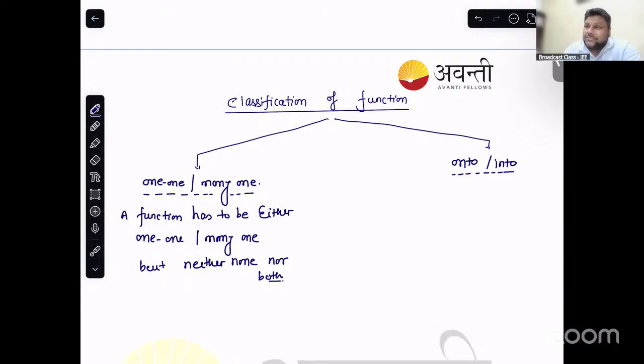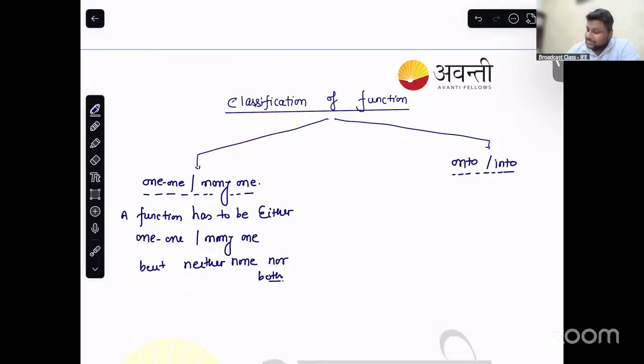Also, there are matrices which can be symmetric as well as skew-symmetric both, like the null matrix. But in case of one-one, many-one, a function cannot be both, nor can it be neither one-one nor many-one. Every function has to be either one-one or many-one.